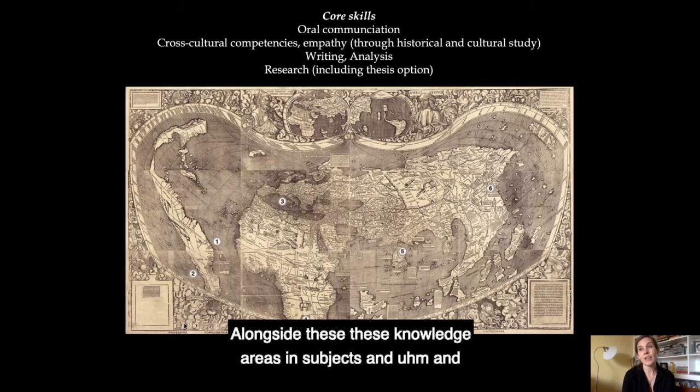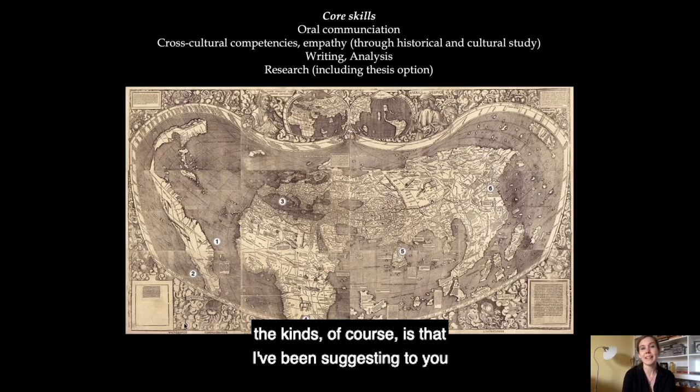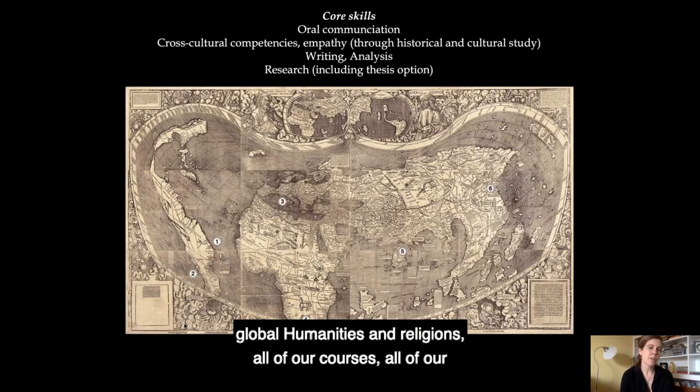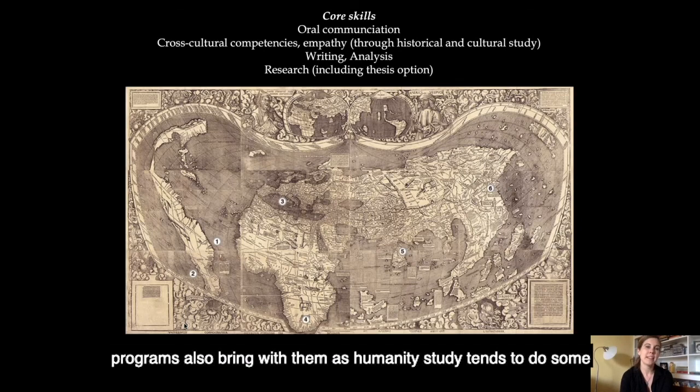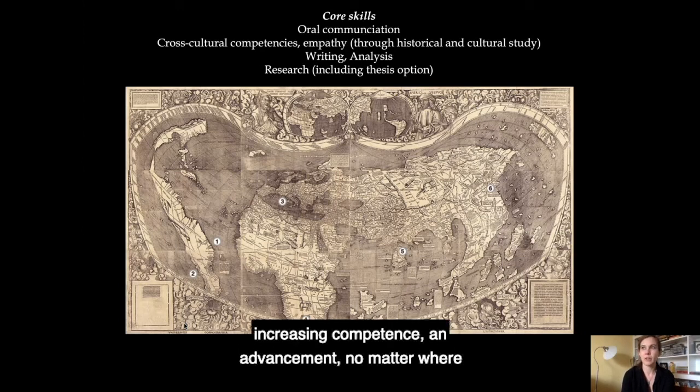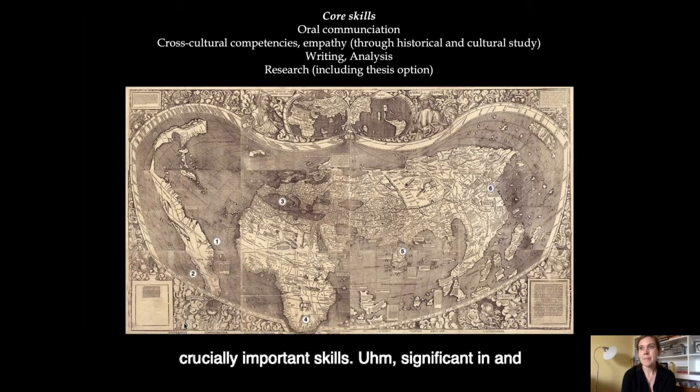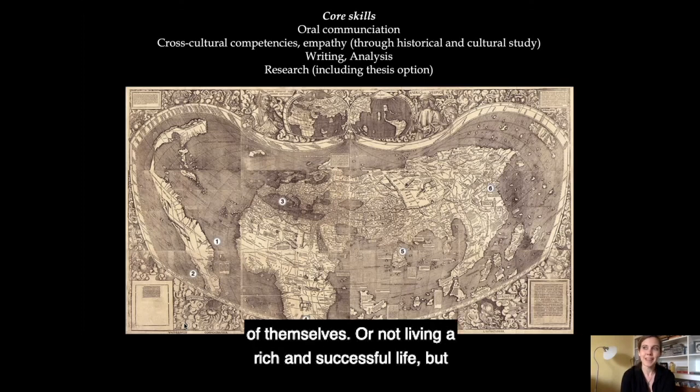Alongside these knowledge areas and subjects and the kinds of courses that I've been suggesting to you, Global Humanities and Religions, all of our courses, all of our programs also bring with them, as humanities study tends to do, some increasing competence and advancement no matter where you're starting out in your university study, and some really core and crucially important skills, significant in and of themselves for living a rich and successful life, but also ones that numerous surveys are telling us increasingly are tremendously important to employers in any number of different professional, graduate school, or career paths which students might seek to enter across their lives.